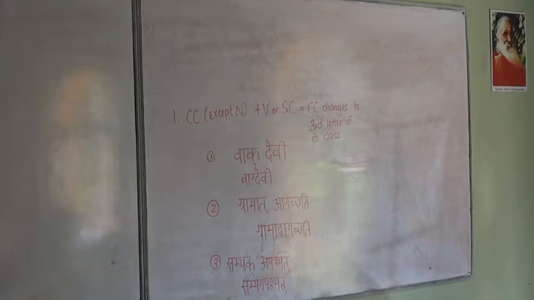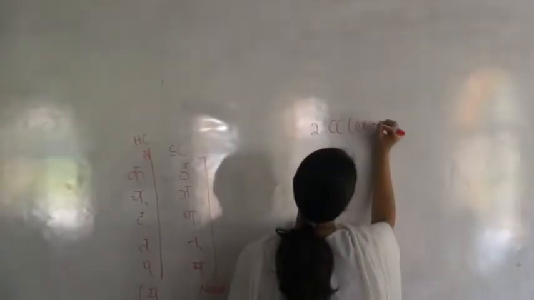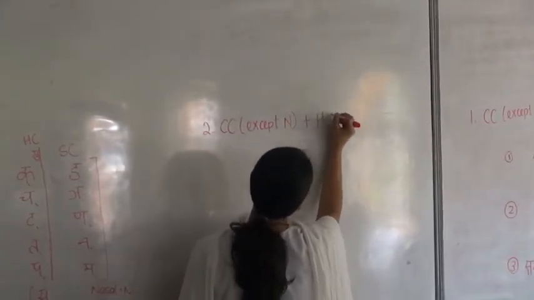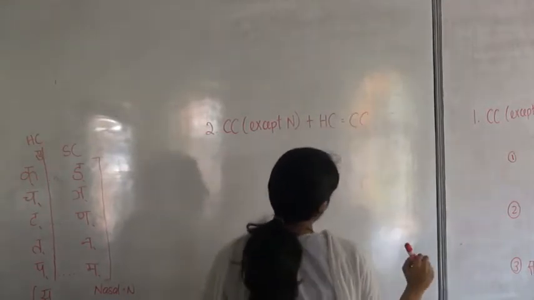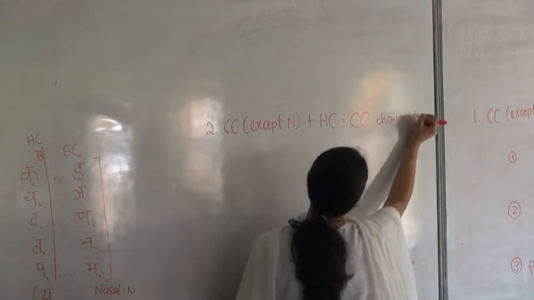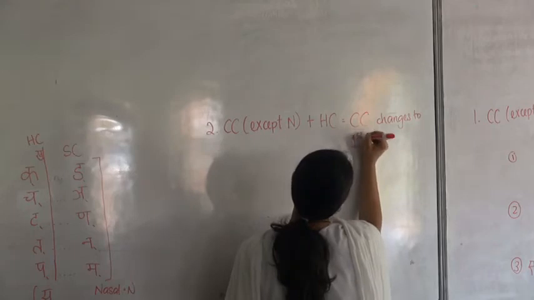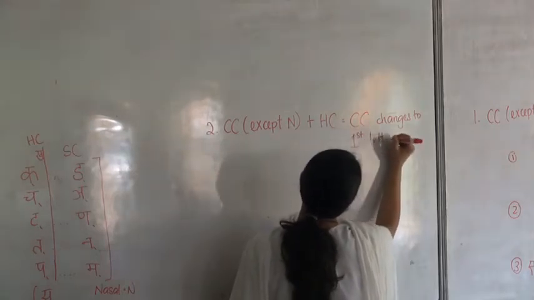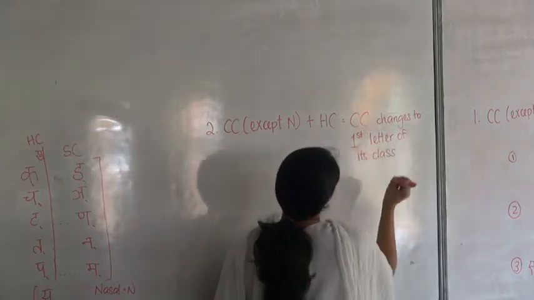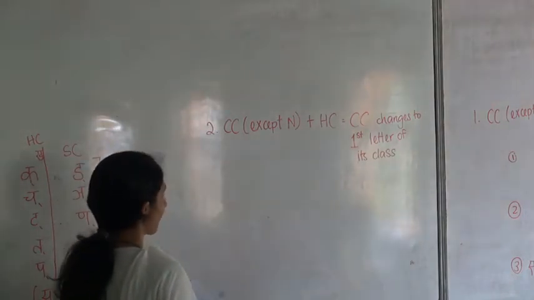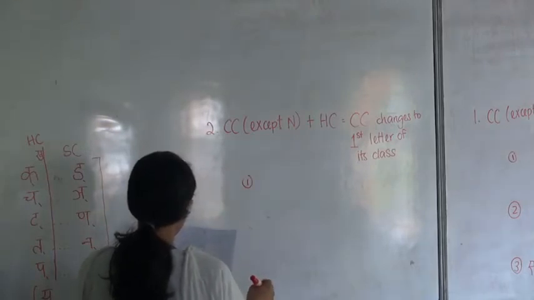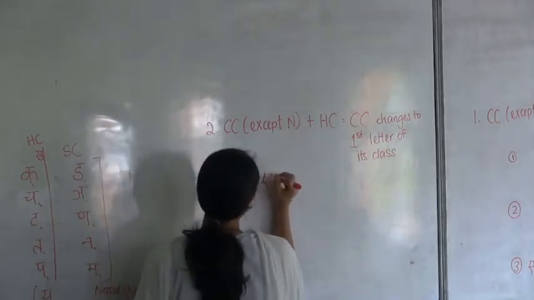So when you have a class consonant except a nasal plus a hard consonant, then the class consonant changes to the first letter of its class. This one everyone will know, right?